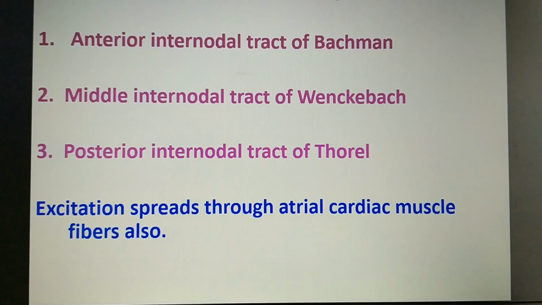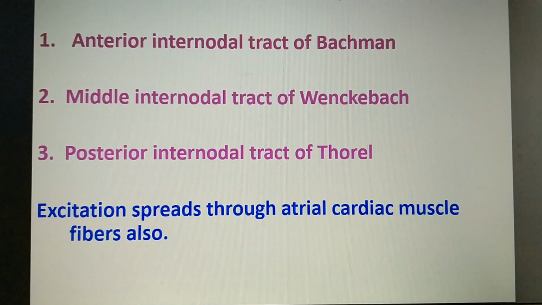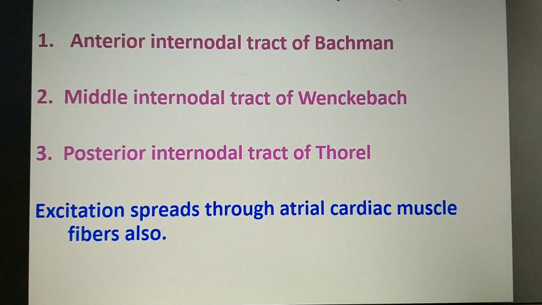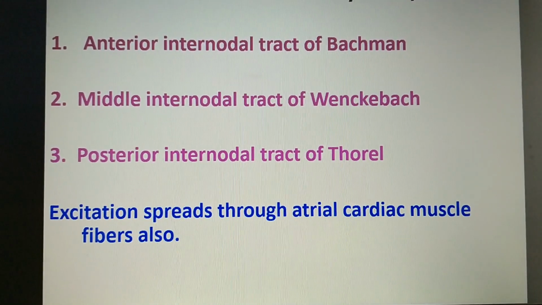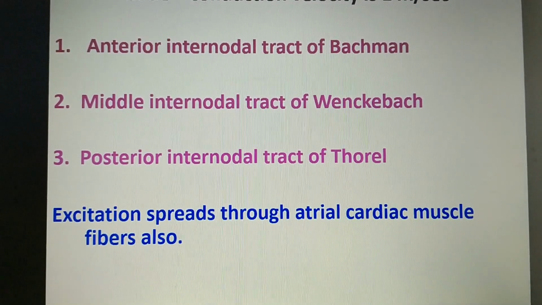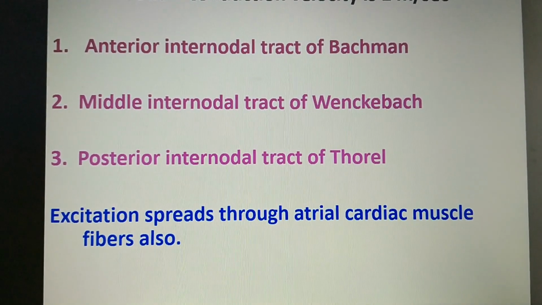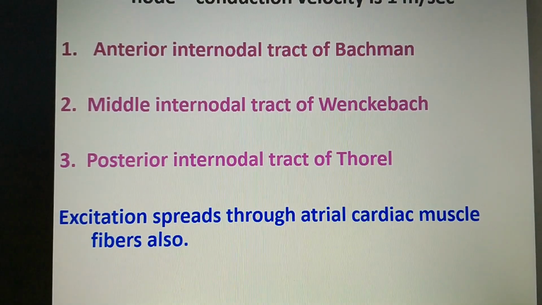But we should remind ourselves that the excitation spreads through atrial cardiac muscle fibers also, and we need not say that these three internodal tracts can only transmit the impulse from the SA node to the atria.